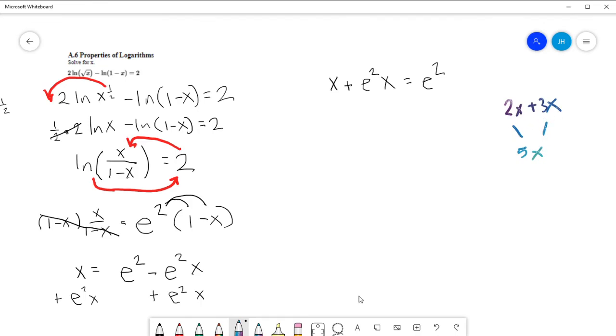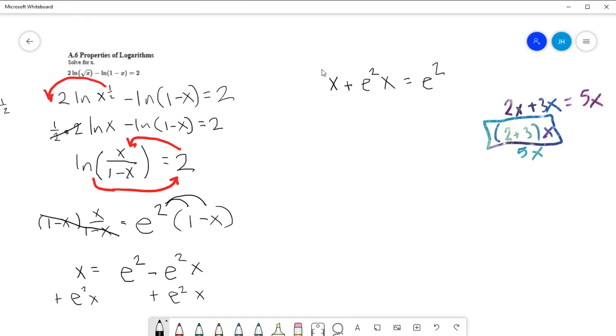In reality, 2x plus 3x is equivalent to 2 plus 3 times x. See how what I've done is I've pulled the x out of both of them. I factored it essentially. And so then in the end, 2x plus 3x equals 5x because of this important little piece here.